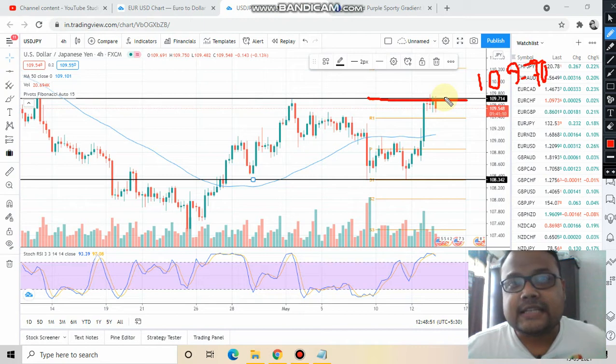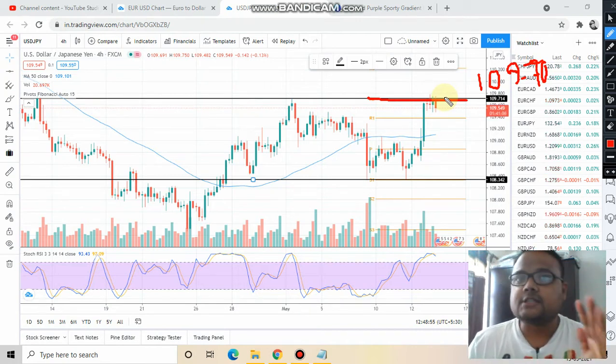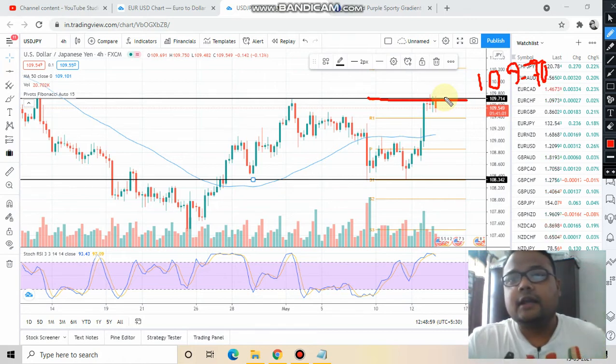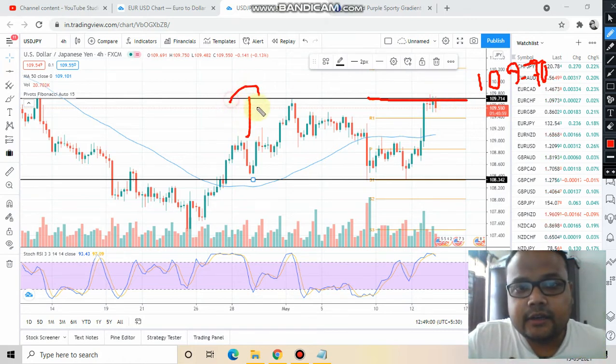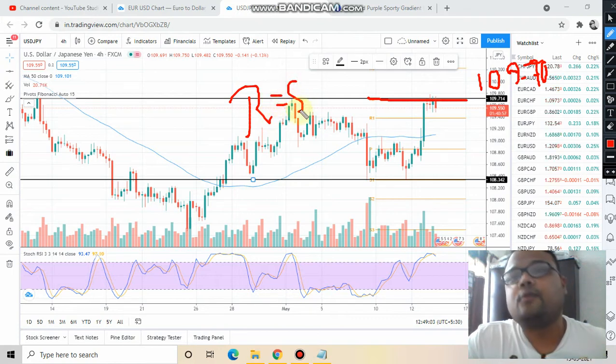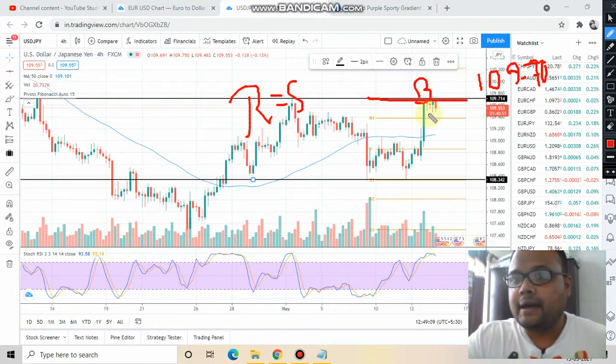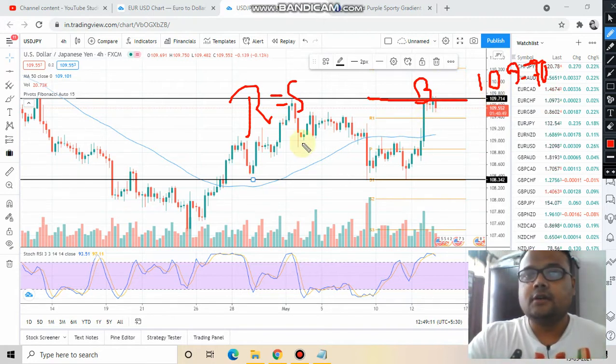Just try to understand the market psychology. If you see that after 3 to 4 hours the price is not struggling and is trading comfortably, then we will get the confirmation that the resistance has become the support and you can go for a buy above this level. So this is your first trading opportunity.